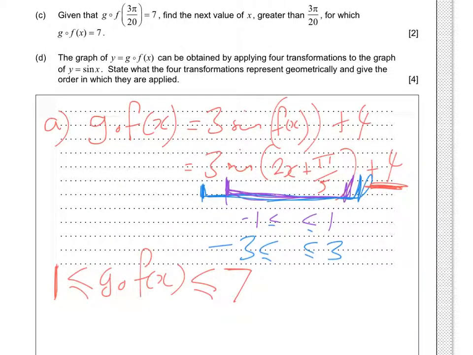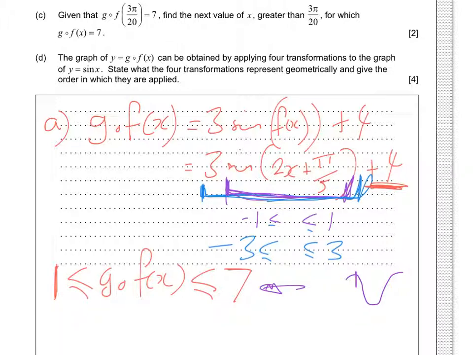Part C. Given that g of f of 3 pi over 20 is 7, find the next value of x greater than 3 pi by 2 for which g of f of x equals 7. So there's a bit of a clue here. 7 is the maximum. We know it's some sort of sinusoidal function. So if we've got a point here, 7, all we have to think about is, what's the period of this function?